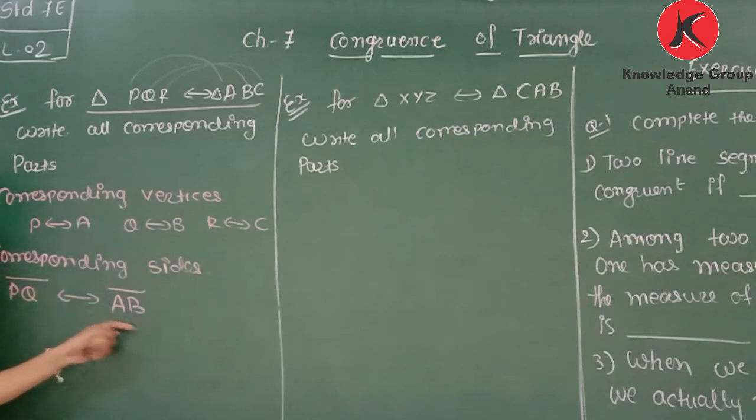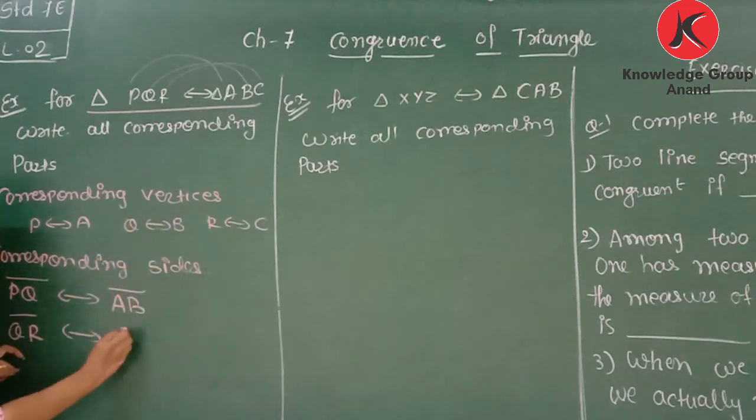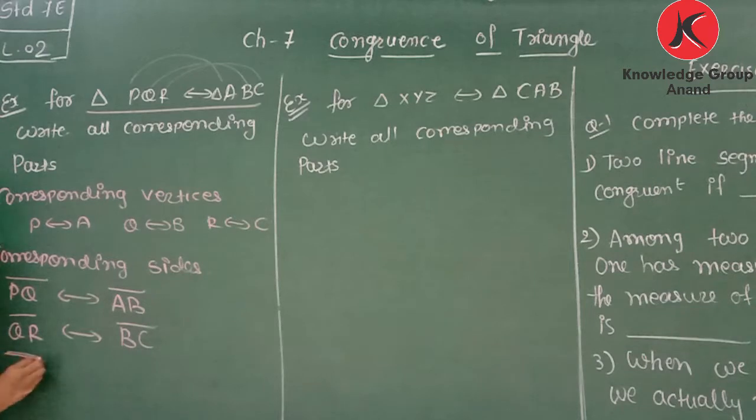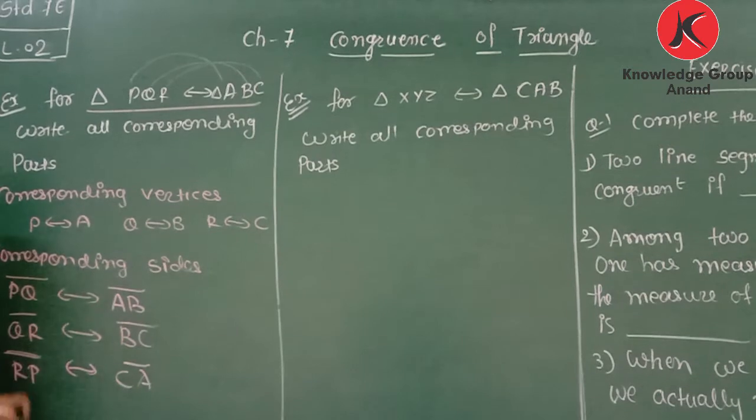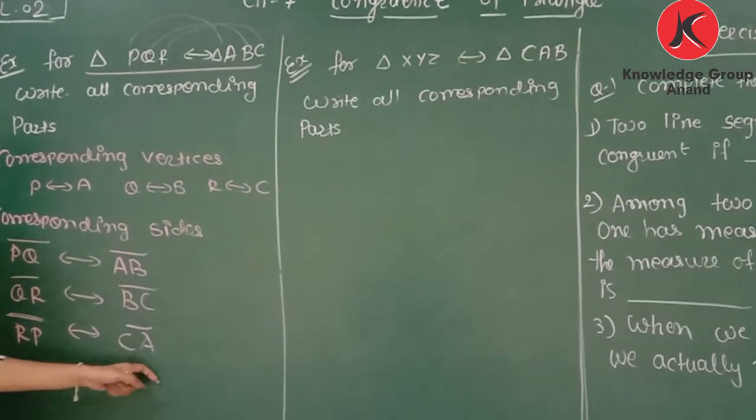Now the next line segment, QR. Q corresponds to B and R corresponds to C, so we can write BC. So QR corresponds to BC. And next, RP, or you can write PR. R corresponds to C here and P corresponds to A. So RP corresponds to CA.